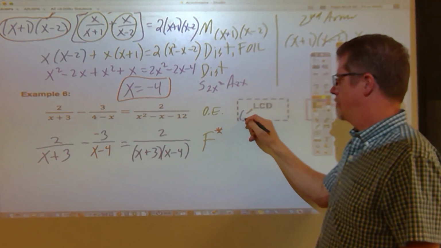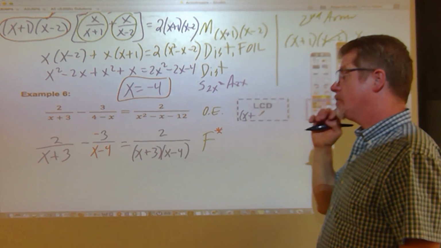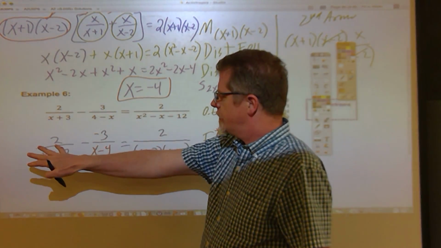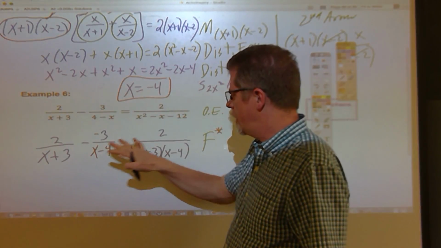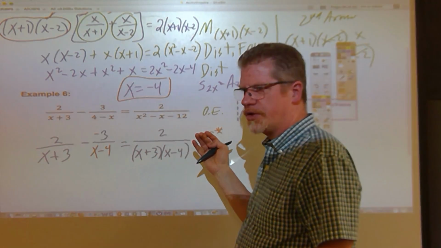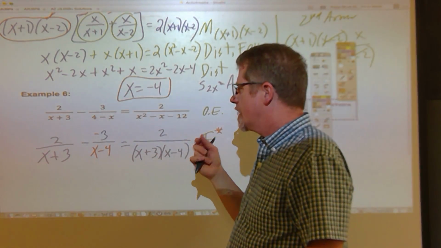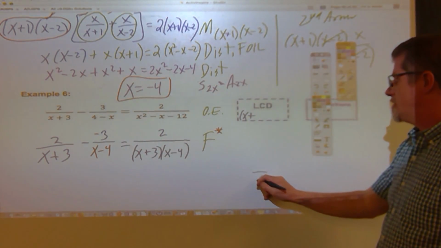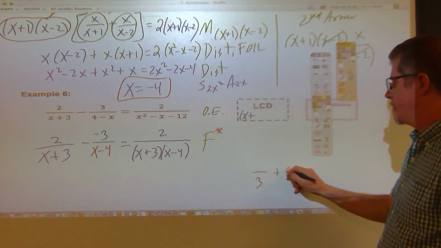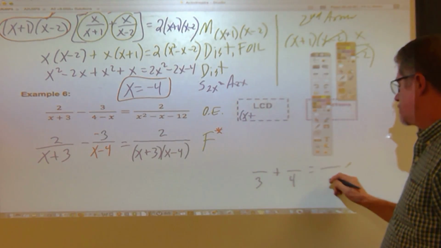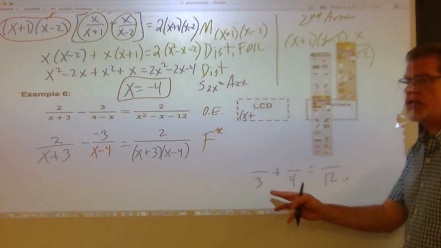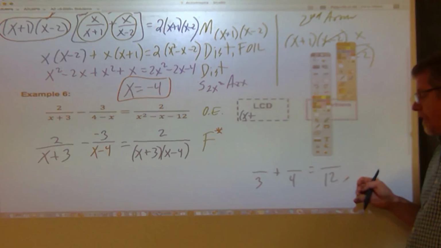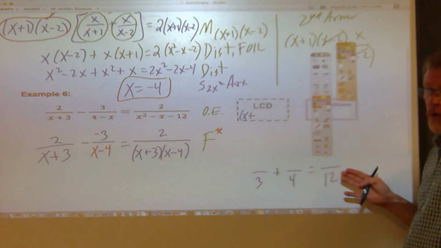Actually, you're making it a little too complicated. Think of this as if this were like a 3 and that's a -4 and this is a 3 times -4. Or you could think of it like this: if this were something over 3, this were something over 4, this were something over 12, the lowest common multiple of these 3 numbers is just 12, right?